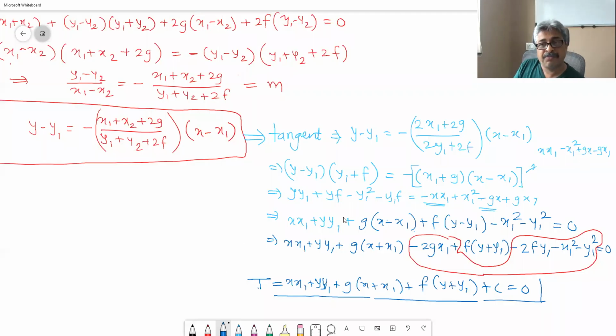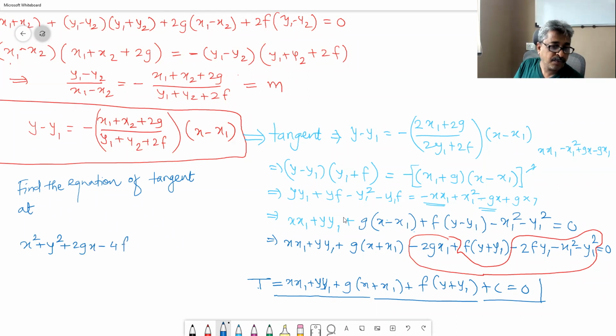Find the equation of tangent at, okay, let me write down the equation of circle first. x square plus y square plus 2gx minus 4fy, and suppose I take the point 2, 1. I want this point on this circle.